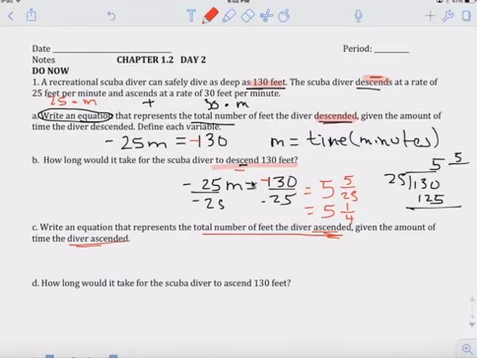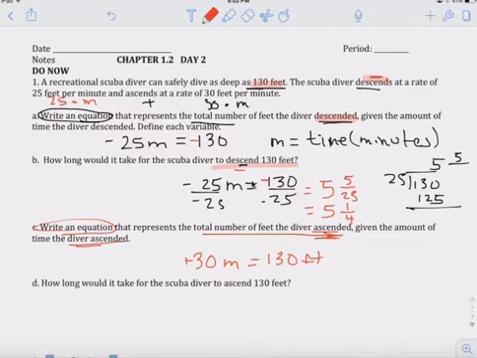The diver ascends, going up at a rate of 30 to get to the top of 130 feet.